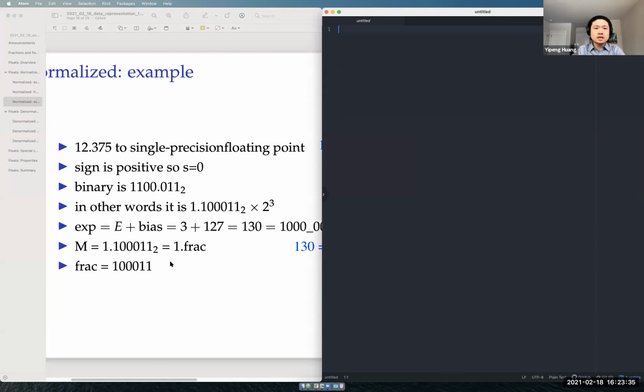We'll work through the same steps as we had for the normalized case, but this time we're going to use a different input number. And just to make it slightly different, let's make it a negative number. All right, so can we all agree on using this as an example?